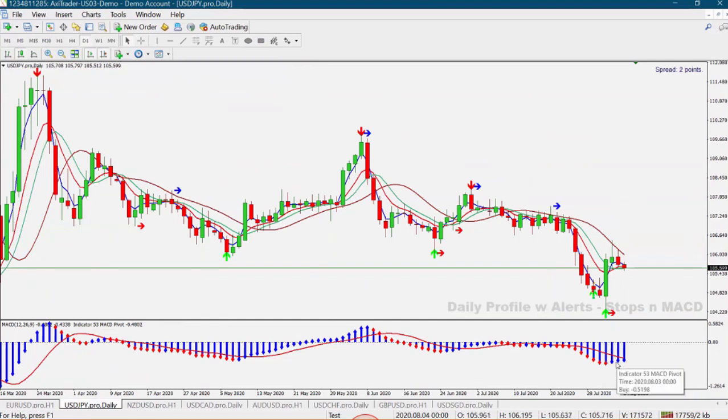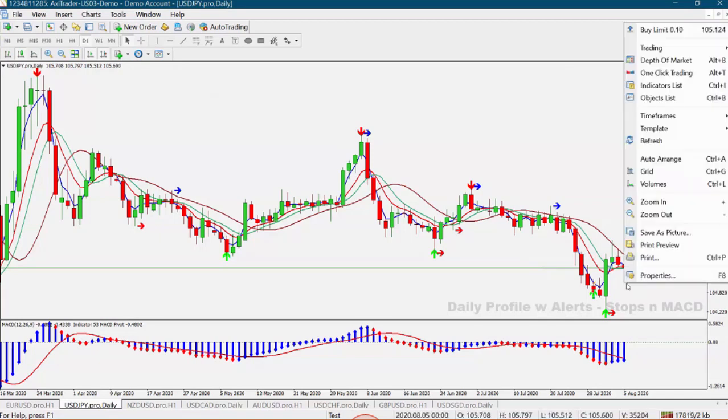We are losing negative strength. The MACD is negative, but price is dropping. So we're losing some negative strength here. Pushing up. Let's take a look.